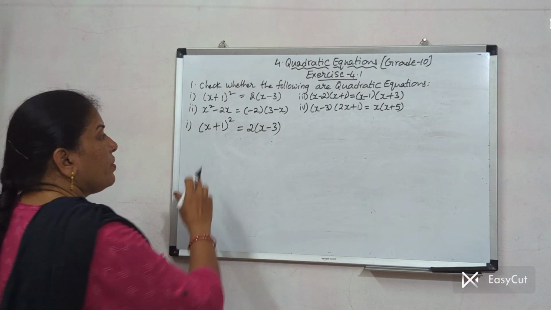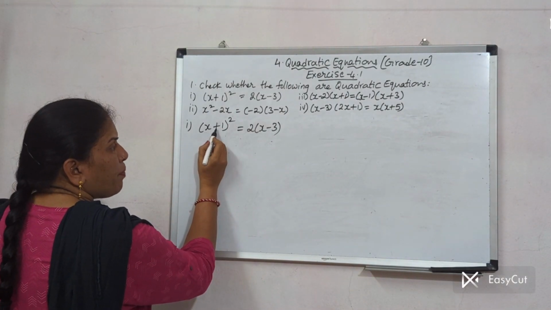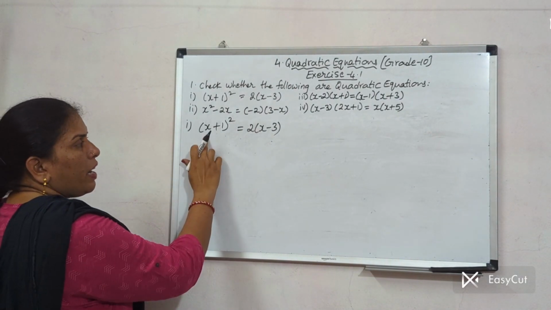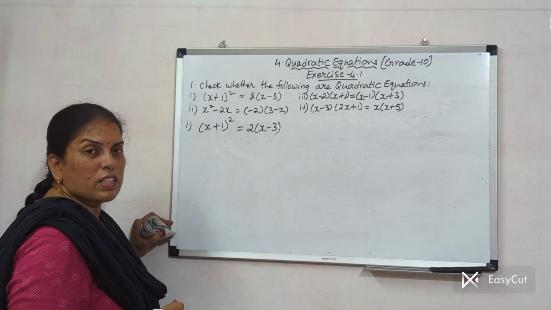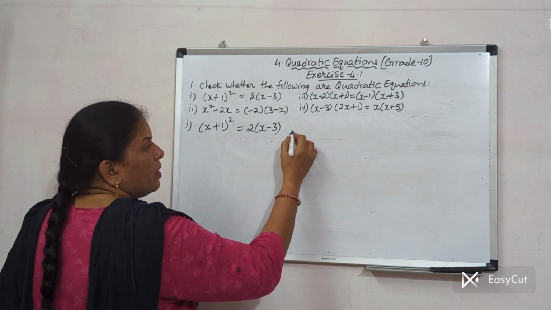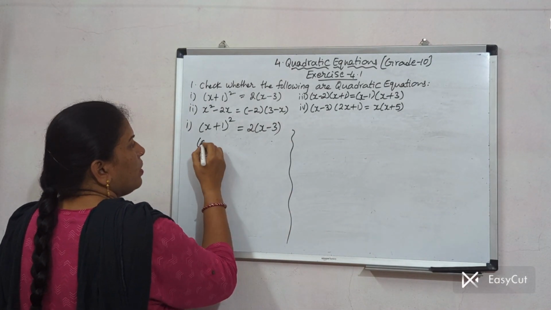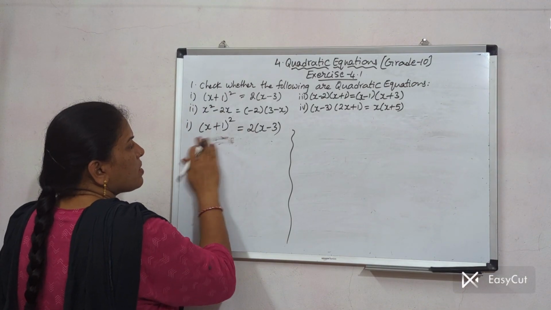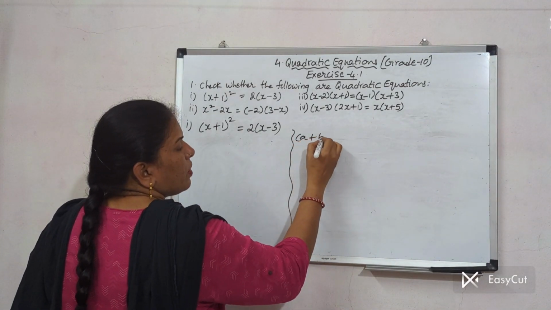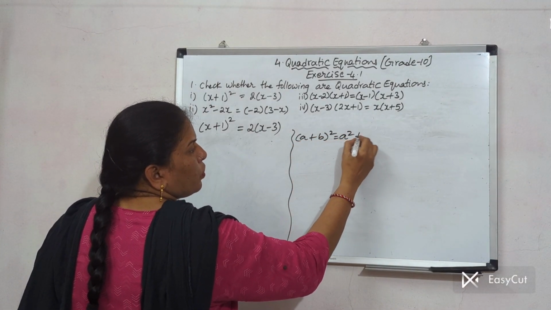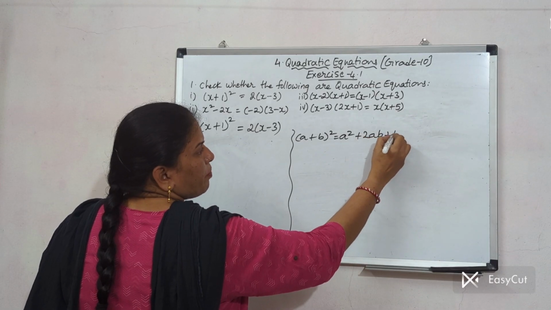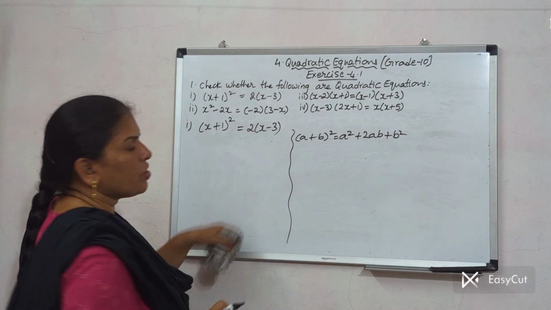Okay, now this is in the form of a plus b whole square. What is the formula for a plus b whole square? a plus b whole square means a square plus 2ab plus b square. All of you understood, children?